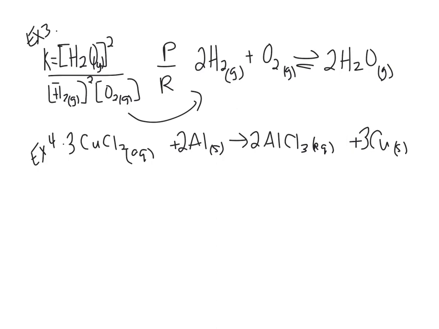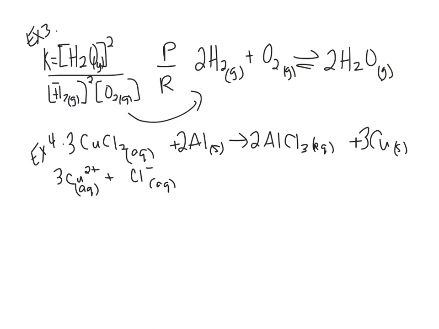All right. Now, net ionic equation. So a total ionic equation would be 3 copper 2 pluses. So you split apart your aq substances into their ions. So chloride ions.